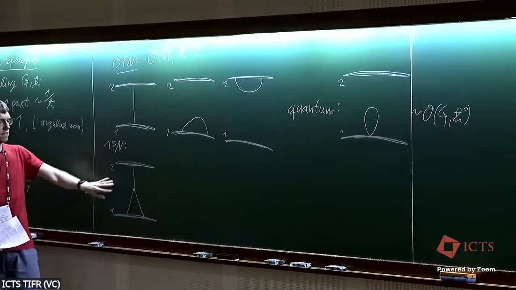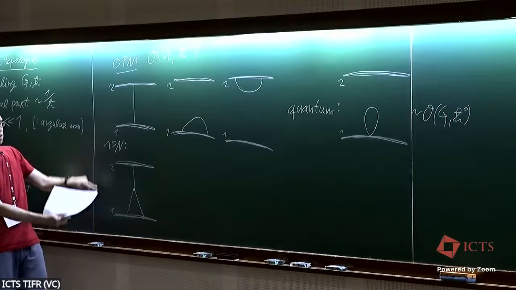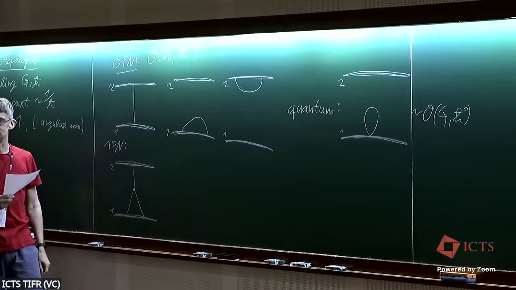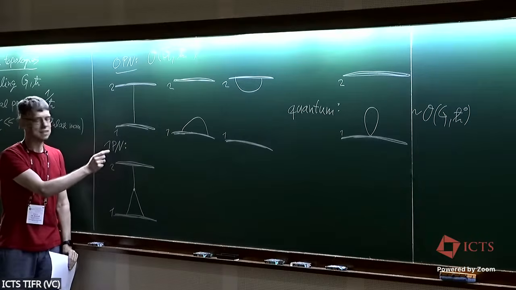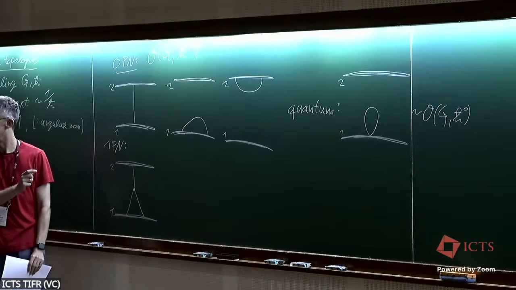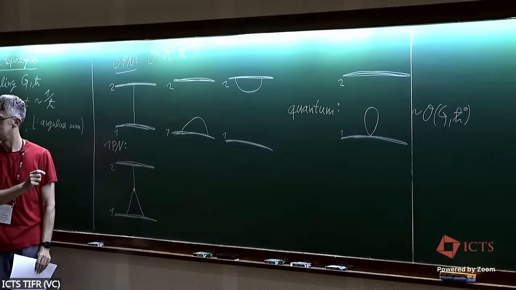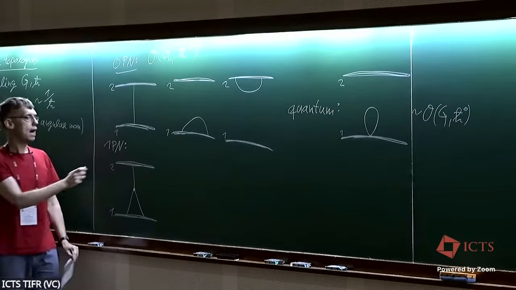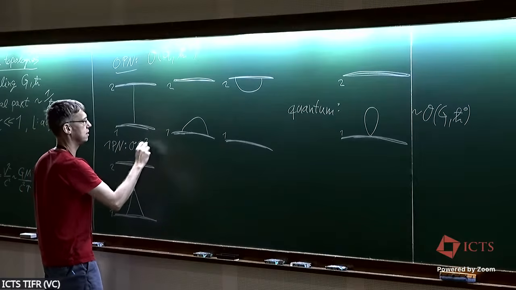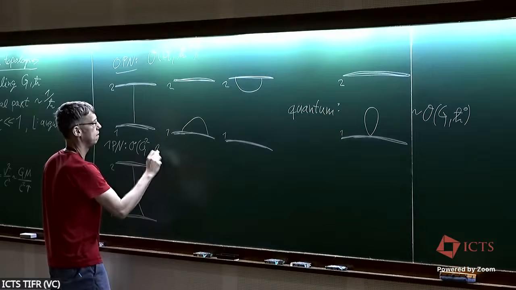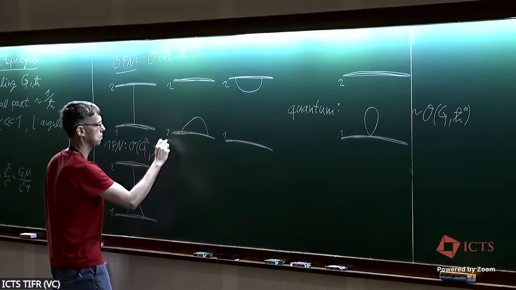So you have this diagram, but then you also have to flip the 1 and the 2 and add that as well. So this is g squared and h bar to the -1 again.